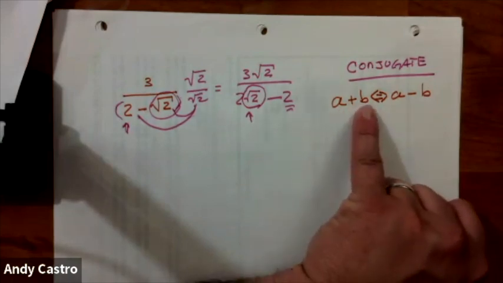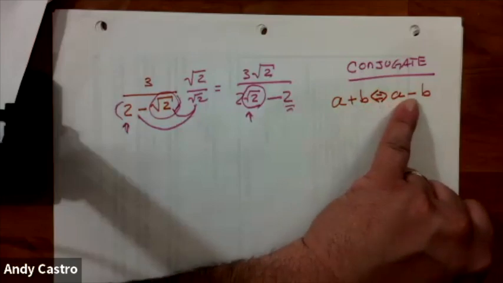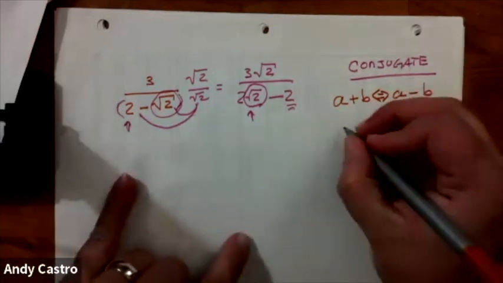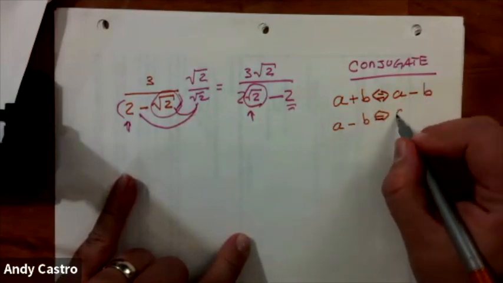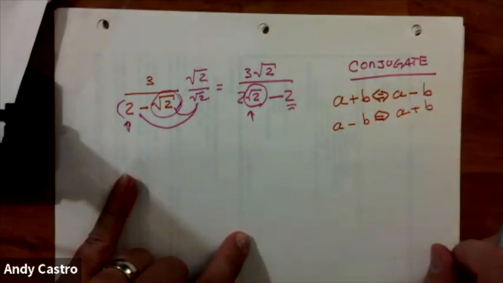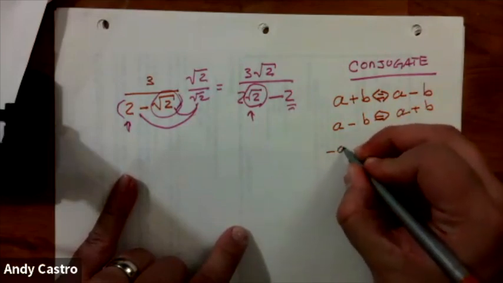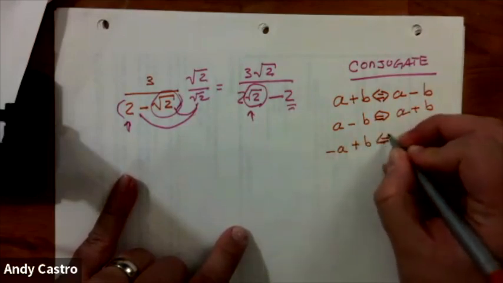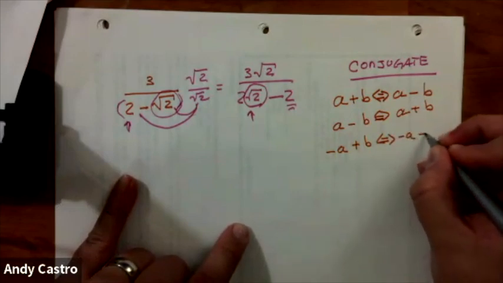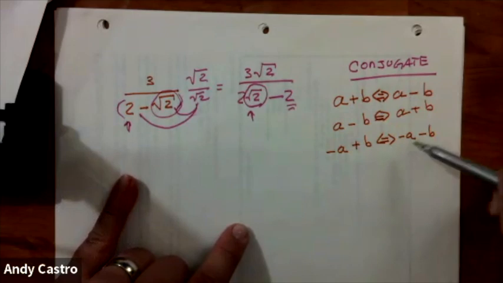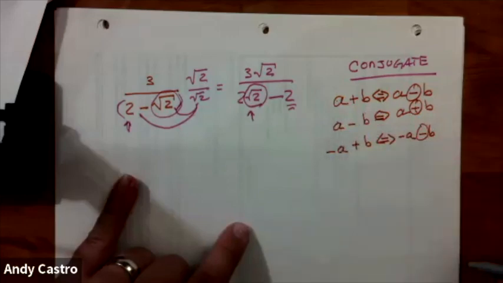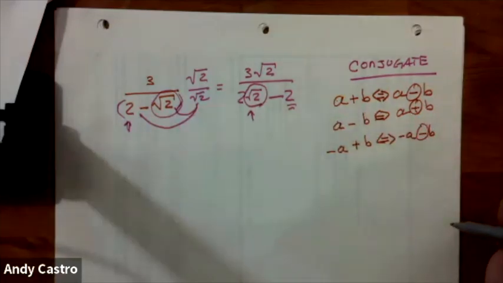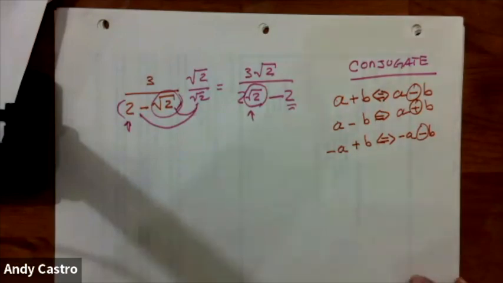So look, A plus B, the conjugate is A minus B. If I have A minus B, the conjugate is A plus B. Now be careful with this because if I have negative A plus B, the conjugate is still negative A minus B. The only thing that we're changing is the sign in between, not the sign on the actual terms themselves. Okay, that's very important.